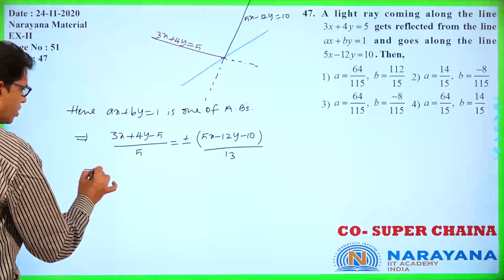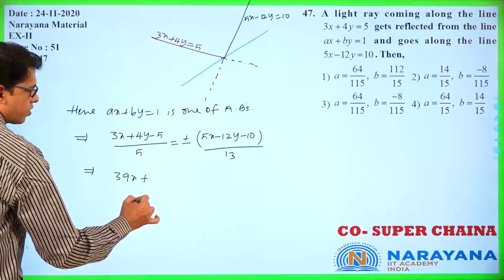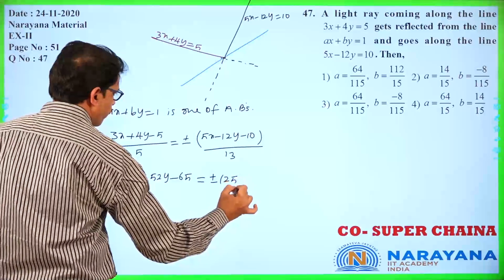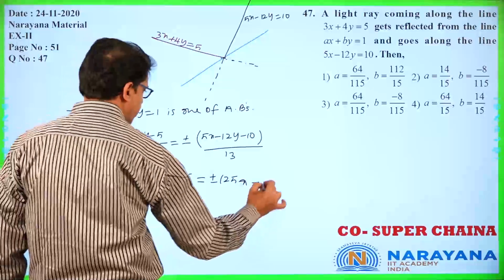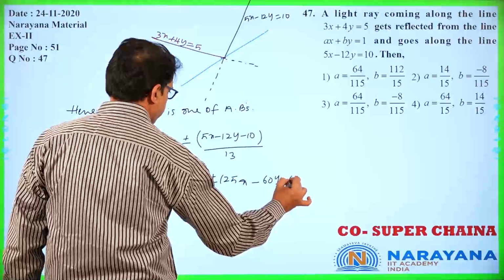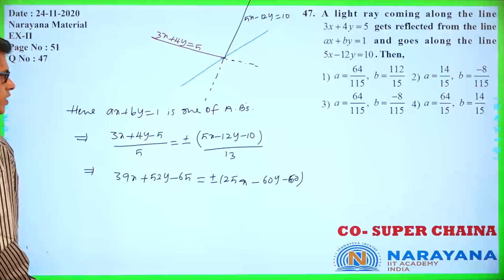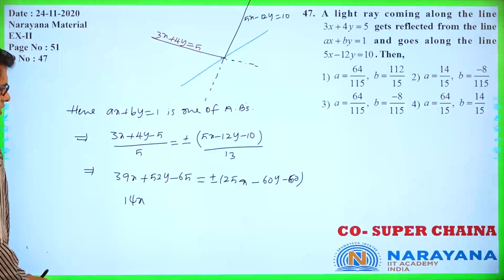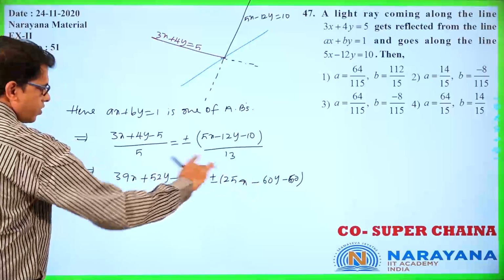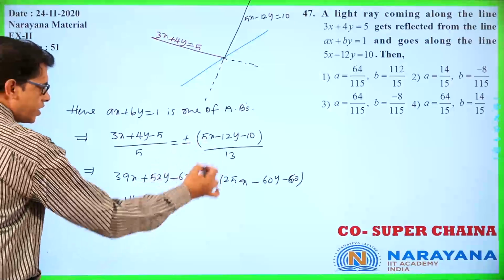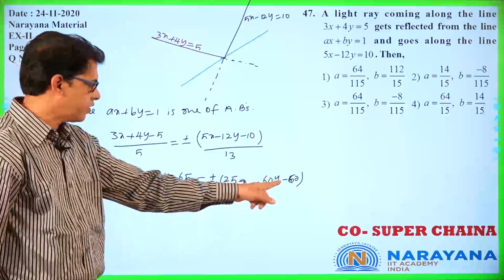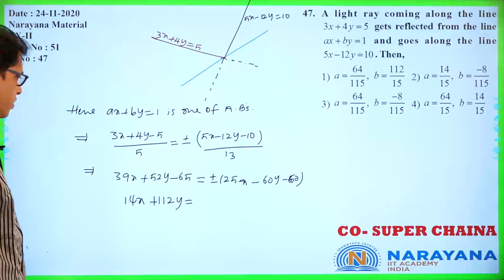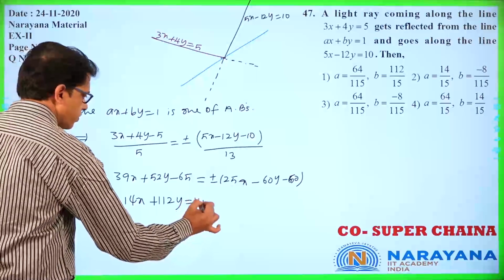If you take the plus symbol: 13 threes are 39x, 13 fours are 52y, and 65 equals 25x, 12 fives are 60y, minus 50. What do we get with the plus symbol? 39 minus 25 gives 14x, 52 plus 60 gives 112y. Taking the other side, the constant is minus of minus 50 plus 65, so 50 plus 65 is 115.